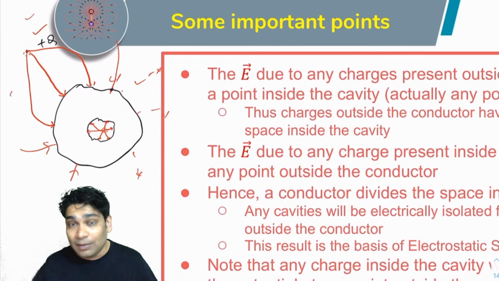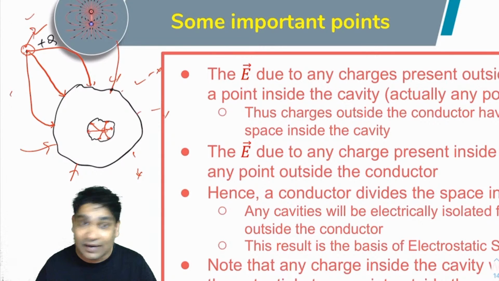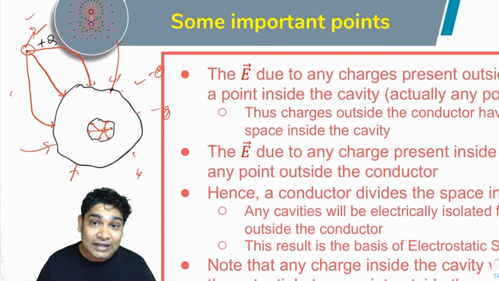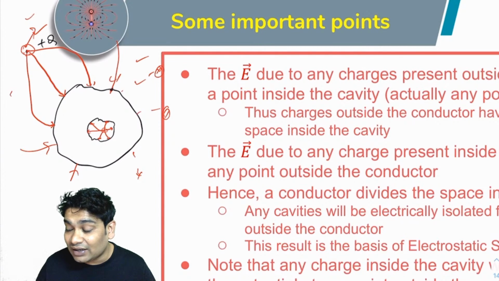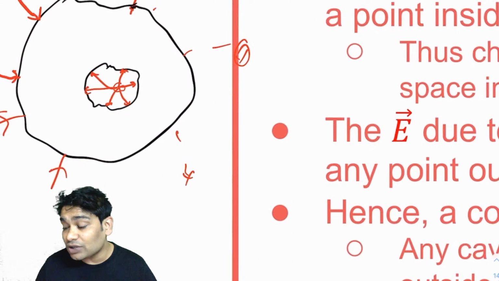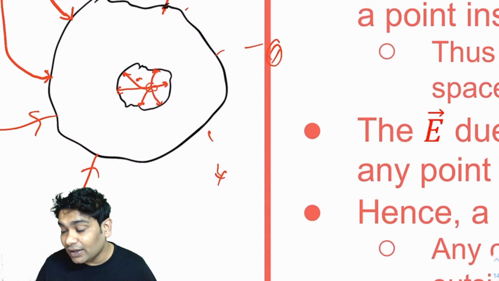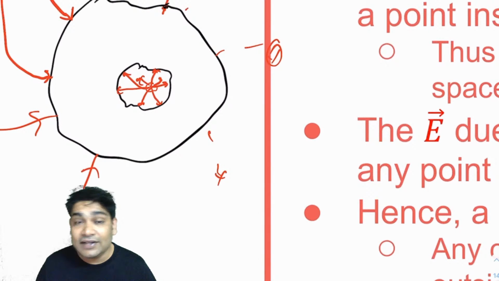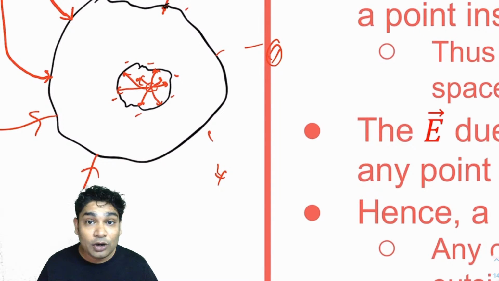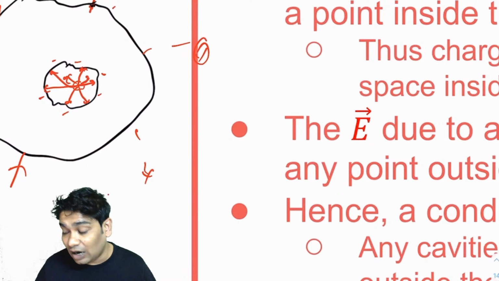I can add more charges, I can move this charge, I can add charges at different locations, and all this will modify fields outside the conductor, but inside you will feel absolutely no effect. In a similar manner, if you start moving this charge here and there, you will see the fields inside changing, you will see the charge distributions here changing, but no effect can ever be felt outside.